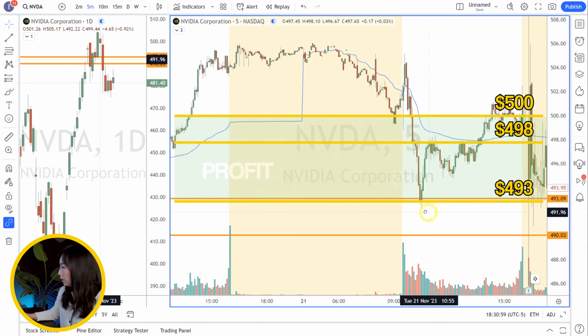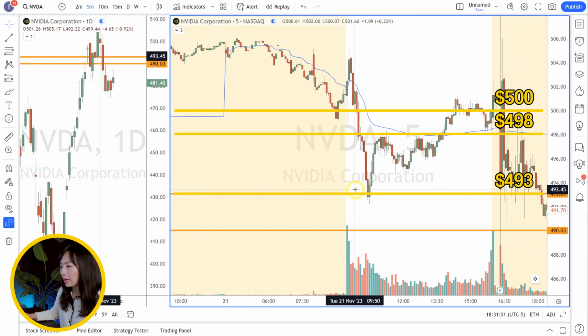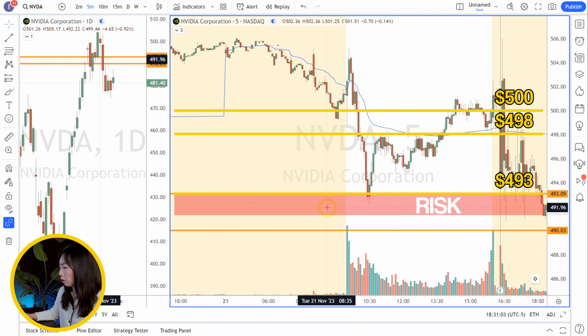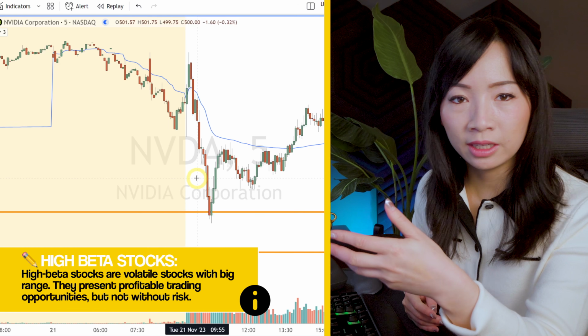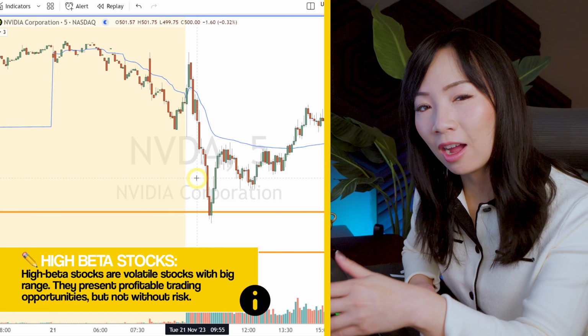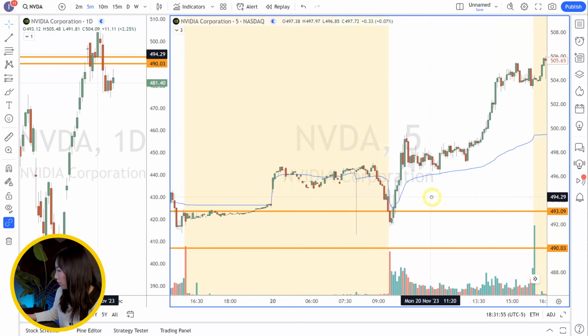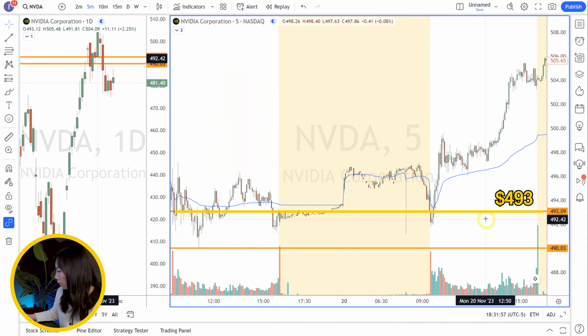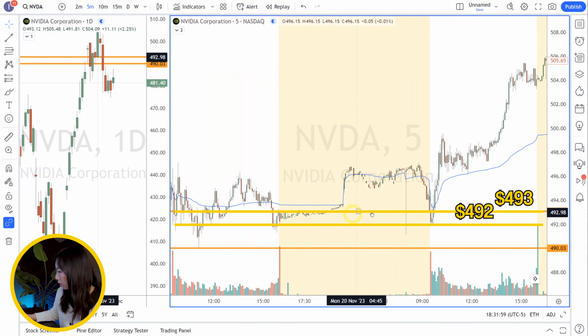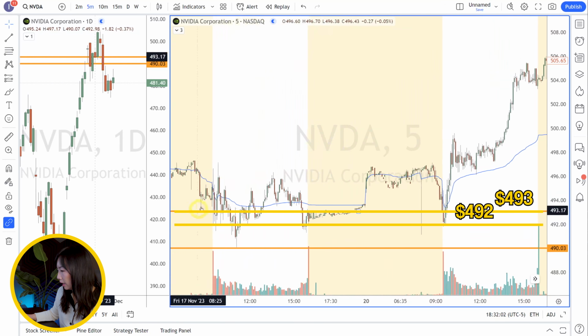But at the same time, when we plan our risk for this kind of entry, you want to make sure you are risking at least $1, $1.50 for a stock like Nvidia, because it's considered a high beta, large cap stock, meaning it's very, very volatile. And if we look at the previous day, you can see the exact same level, 492, 493s area that's been tested the day before.